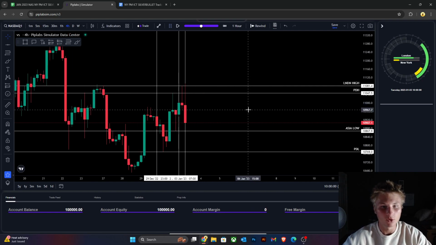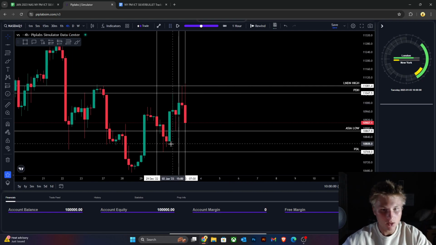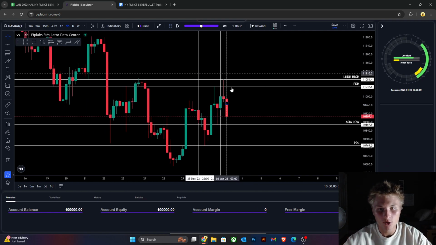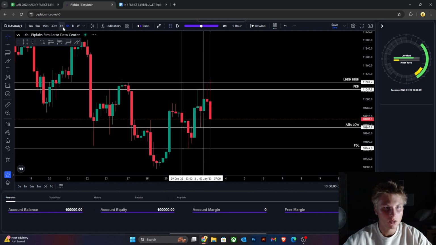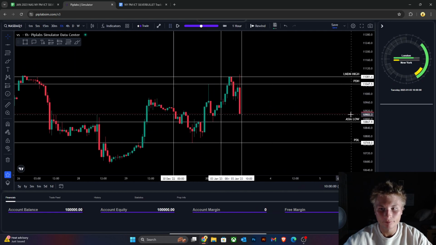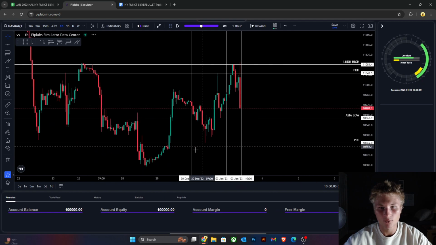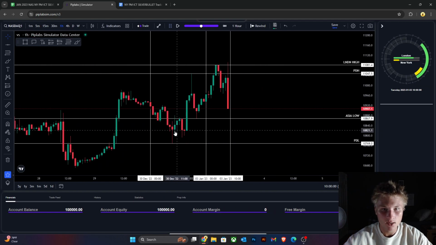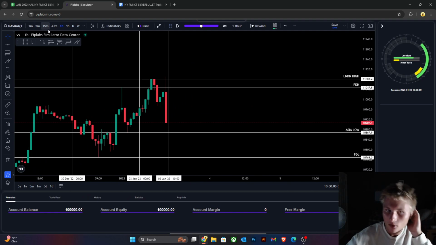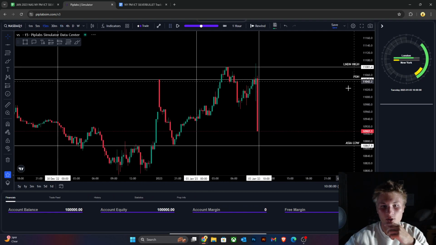But on the 4-hour here, looks like we're breaking structure to the upside to continue bullish. So I am more bullish right now. 1-hour closed bullish as well. Looks like right now we could be forming the next leg up here. So my bias right now is bullish for sure.